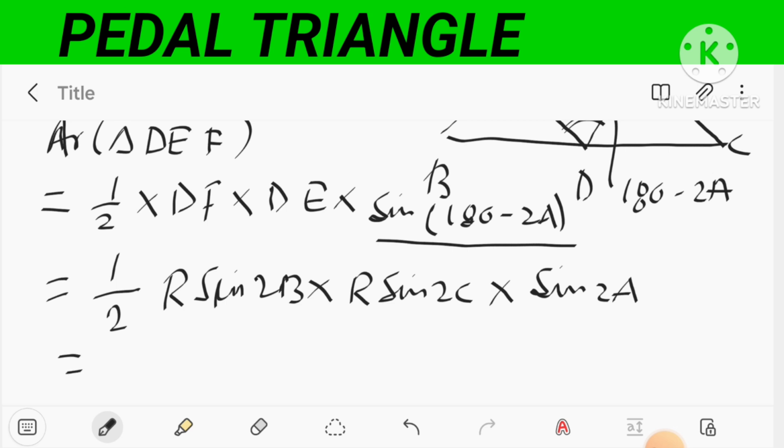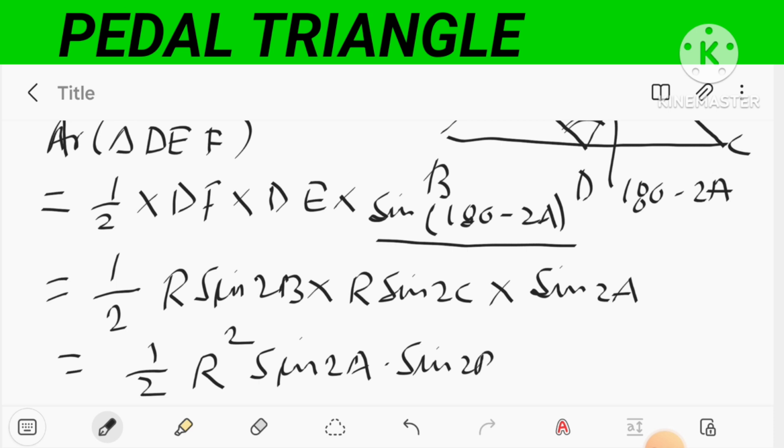So you can write 1 by 2 R square sin 2A into sin 2B into sin 2C, and you have to remember this is the area of the pedal triangle.